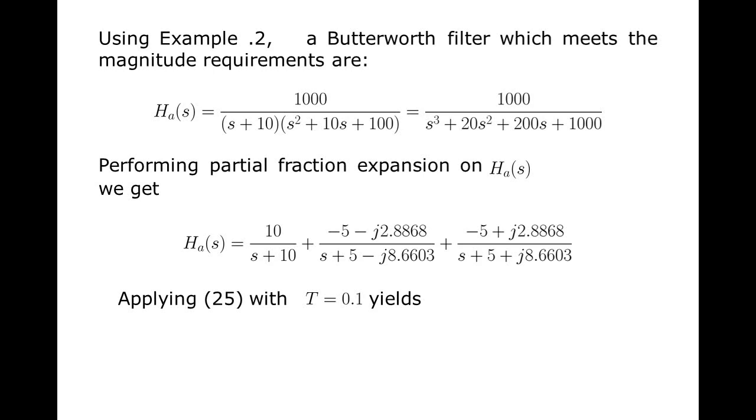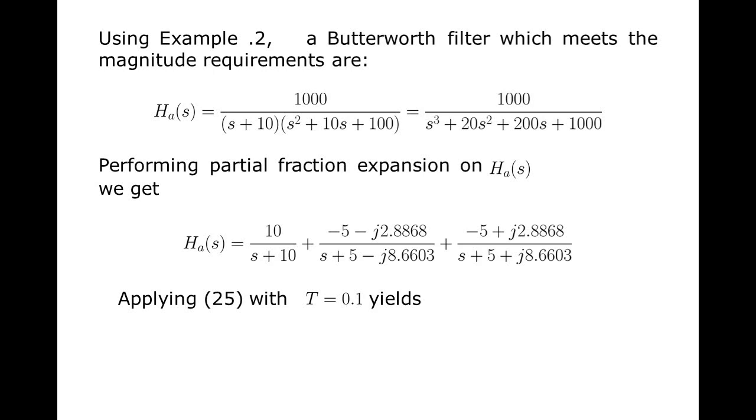The order you have to find out, then you have to find out the poles, then you have to find out the transfer function, which is HA(s). So HA(s) is 1000 upon (s plus 10) in one bracket, and in the second bracket s² plus 10s plus 100. It is a third order Butterworth low pass filter.